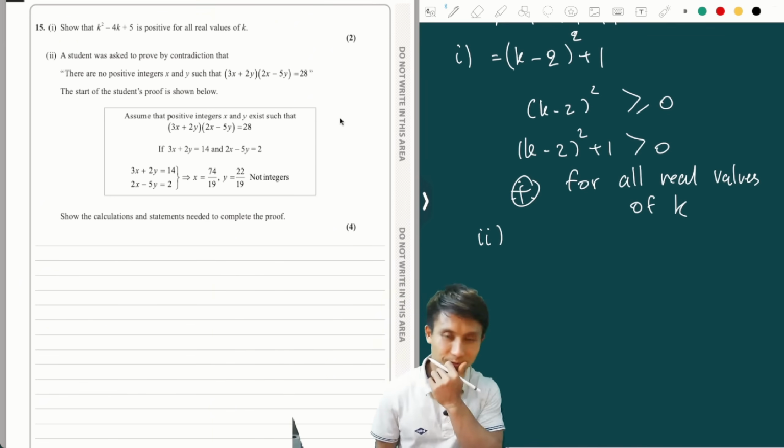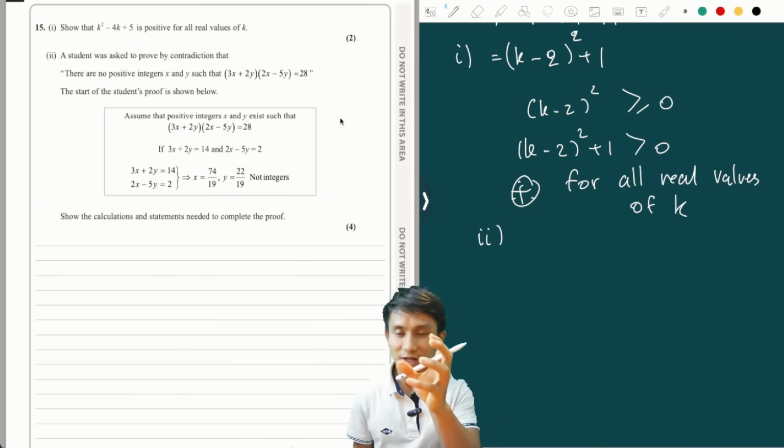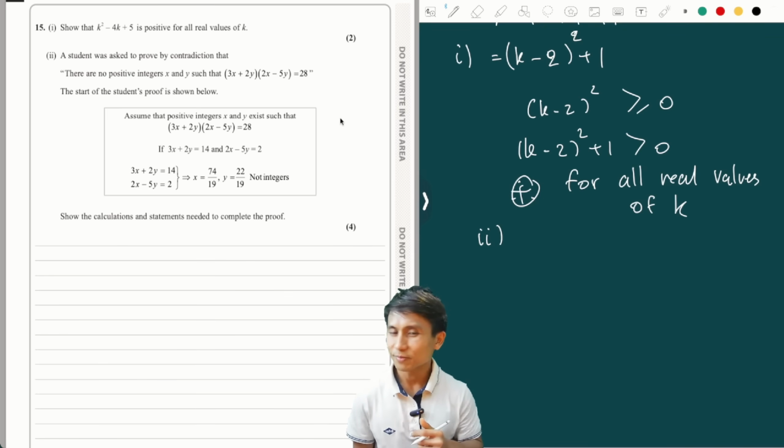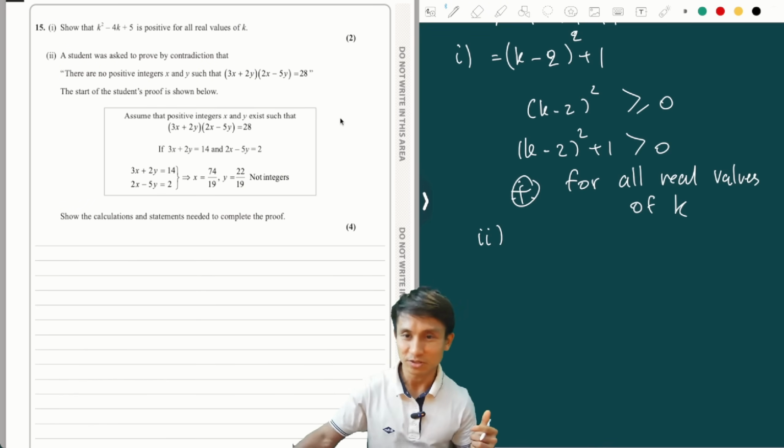Right. So there are two positive integers x and y, and they have the expression in each bracket, and they multiply to 28. Okay, so if x and y are integers, then 3x plus 2y and 2x minus 5y should also be integers.